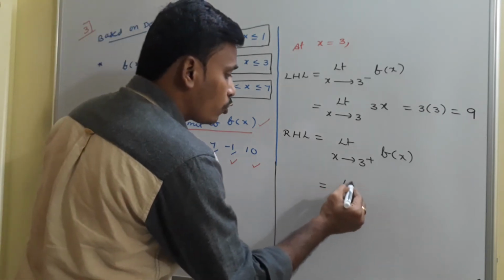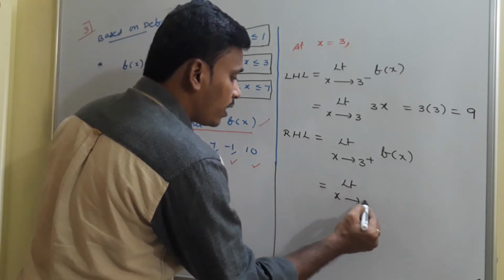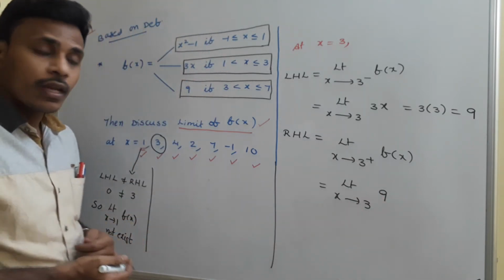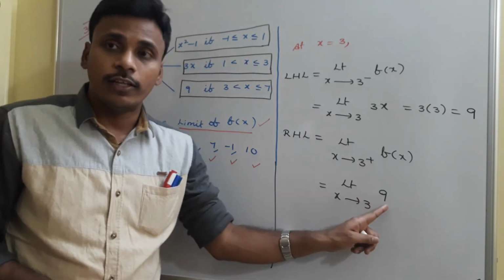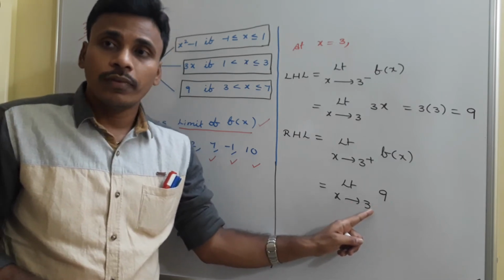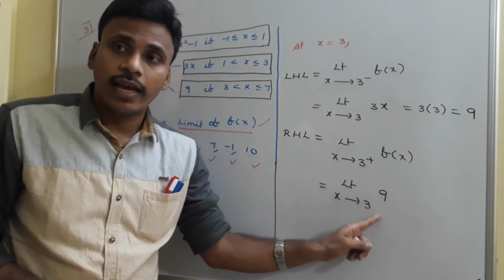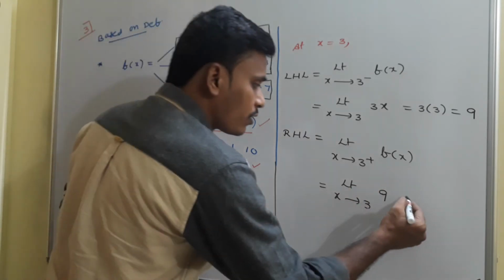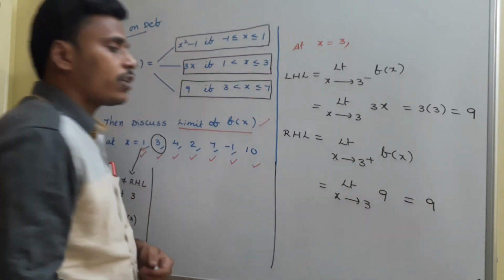So since we are using 3 plus, it is enough to write x tends to 3 and replace f of x as 9. Now this 9 is a constant value. x is tending to 3. Since there is no x in this function, no need to replace x. Since there is no x, simply your answer is 9.